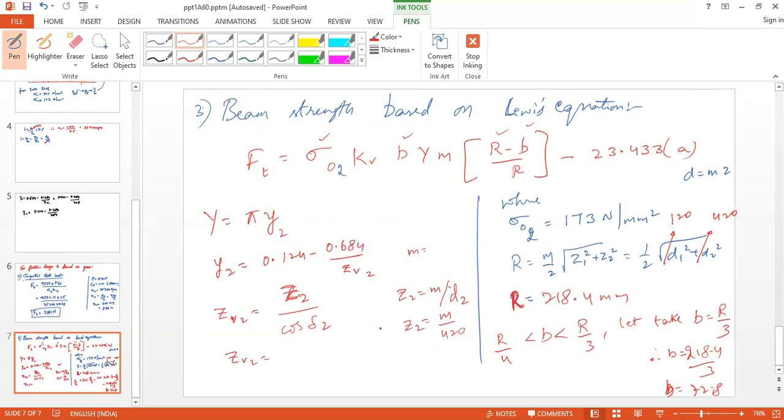So in place of Z2, I can write 420 by m. So ZB2 is 420 divided by m cos delta 2. Right? Yes, sir. Can I substitute this here, in place of ZB2?